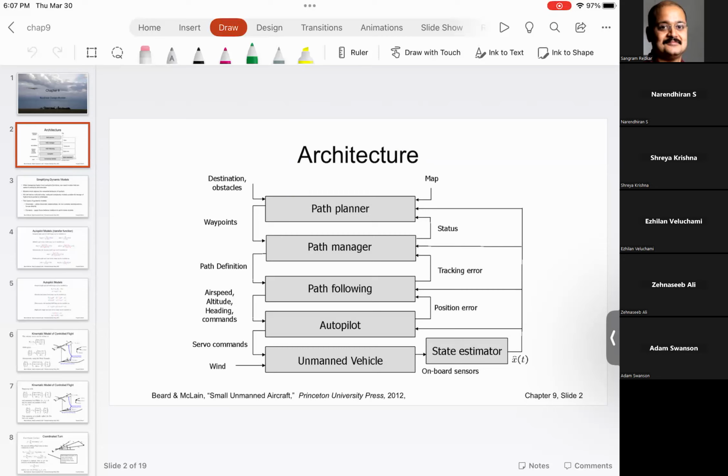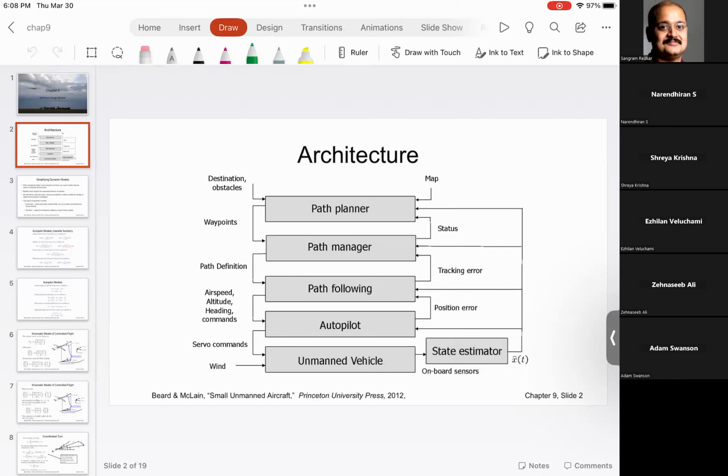These commands are going to be airspeed, altitude, heading, etc. And these commands basically come from a higher level controller, which talks about what type of path to take.